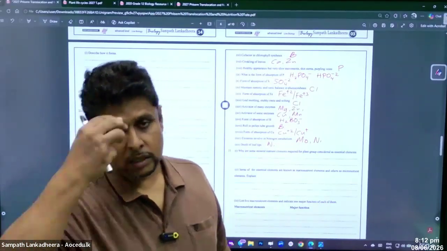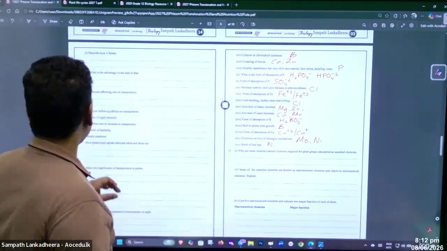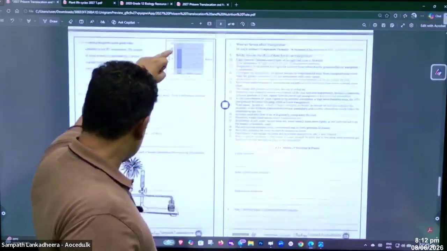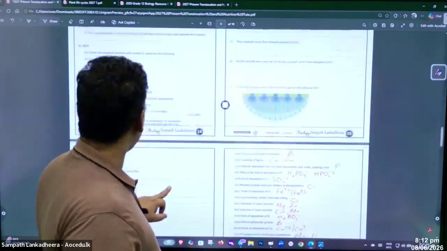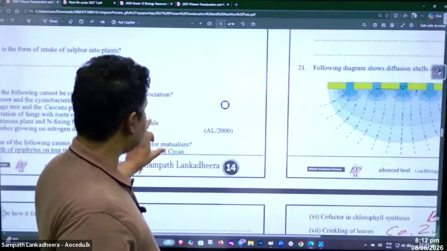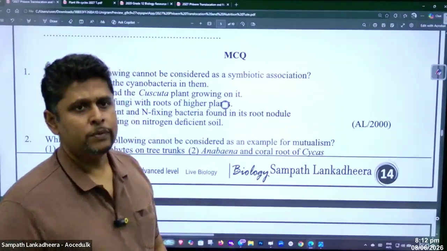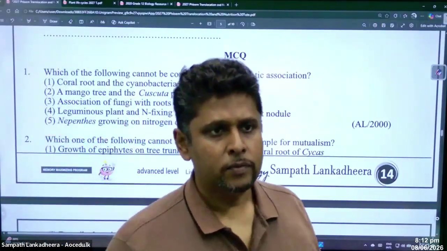Now let's see the MCQs. Shall we give a try with MCQs and see whether we can handle the exam level MCQs with this chart and the things we have learned so far, right? So let's give a try.